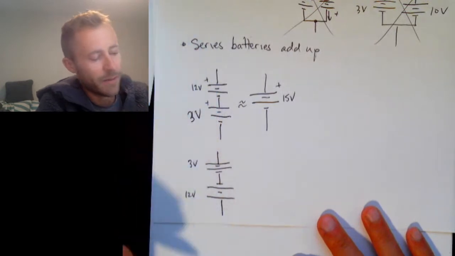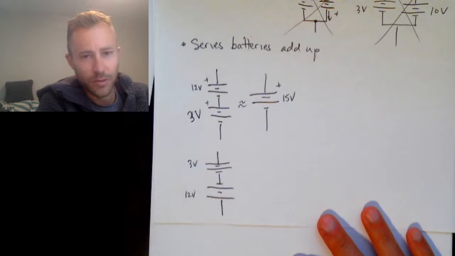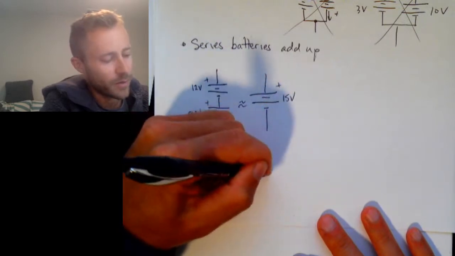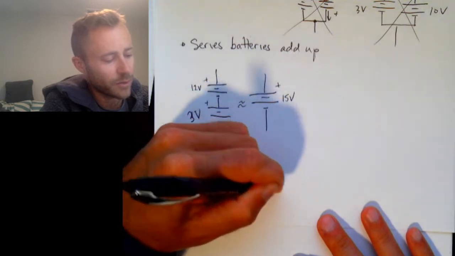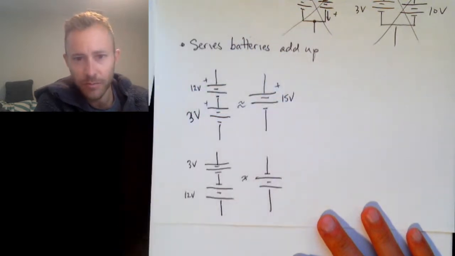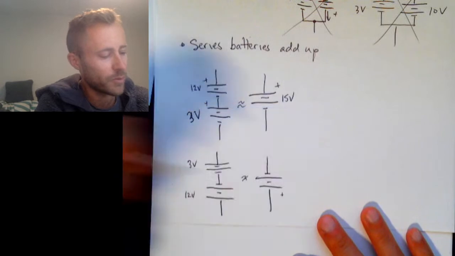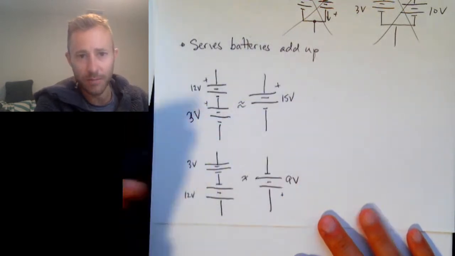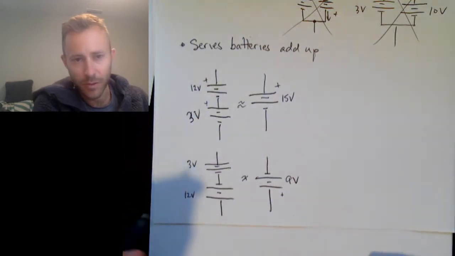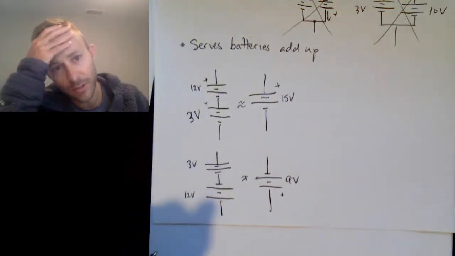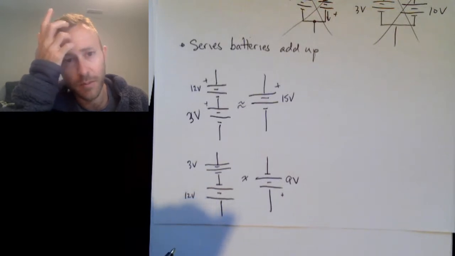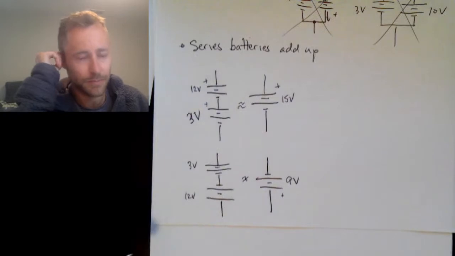If you did that, because the 12 volt is the larger of the two batteries, it's going to win out, and the overall effective battery is going to be pointed in that direction for its positive terminal, and it's going to have 9 volts. So I don't know why you would do that. The only reason I can think of is if you really needed 9 volts and you had no other way to achieve it, because this is very inefficient.